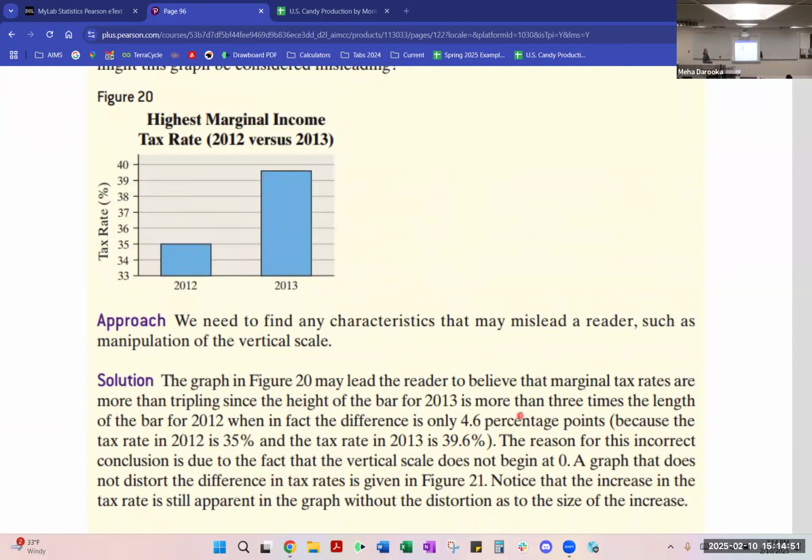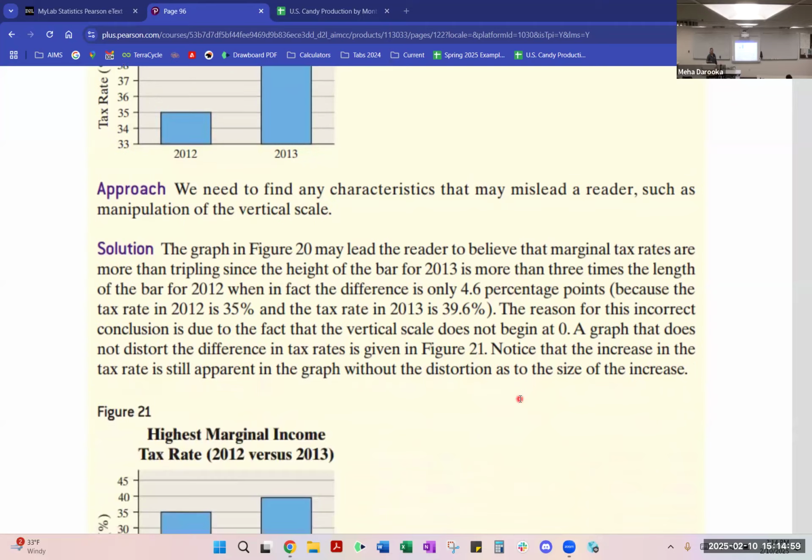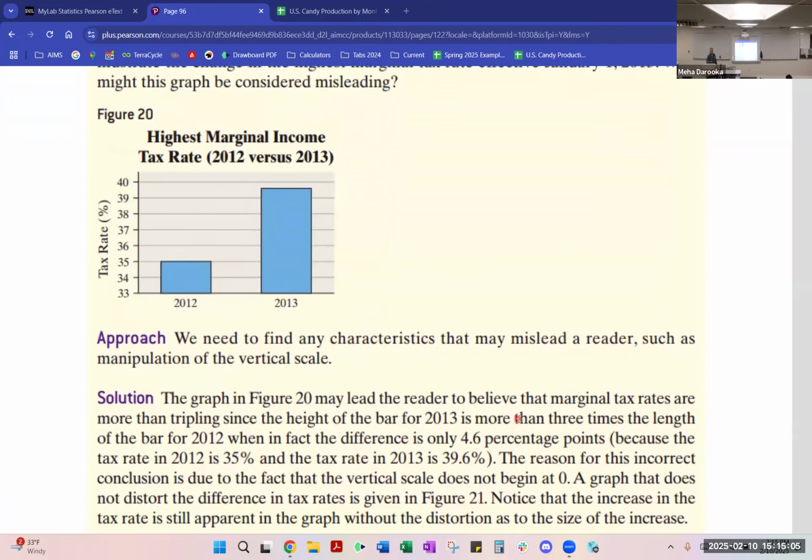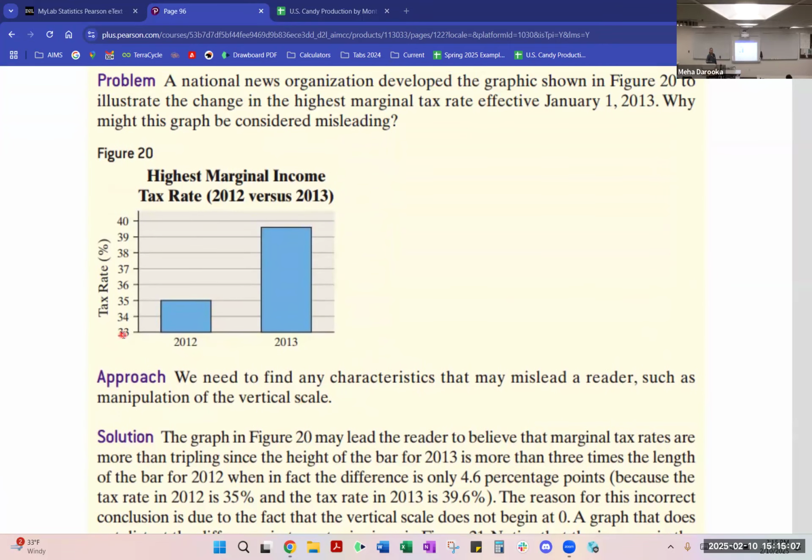What have we done from 2012 to 2013 to raise that tax so much? And it's really not, I mean, obviously it's gone up, but it's not as significantly scary looking as when we look at this graph over here. So just starting your value at a non-zero point can also be misleading.